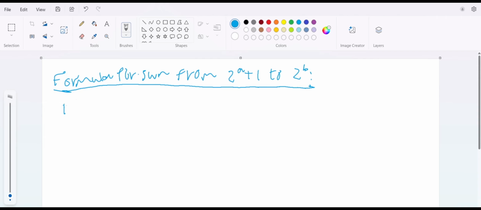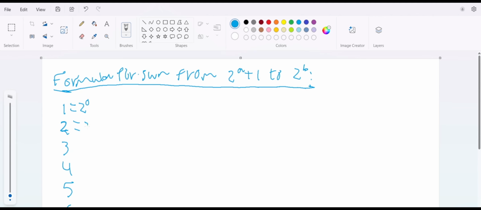Let me start by writing out some numbers here, and I'm going to express them as powers of 2. So this is 2 to the 0.